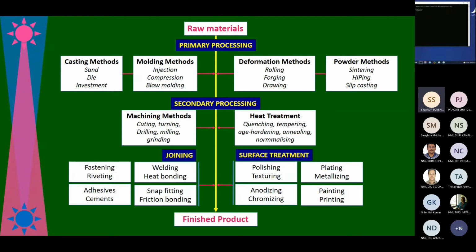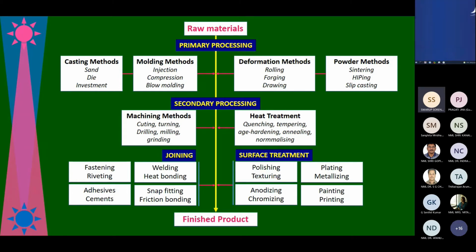And then there are joining and surface treatments. We may choose what kind of joining, what kind of surface treatment of the material is required. So having all these processes applied to the material, you get the finished product.